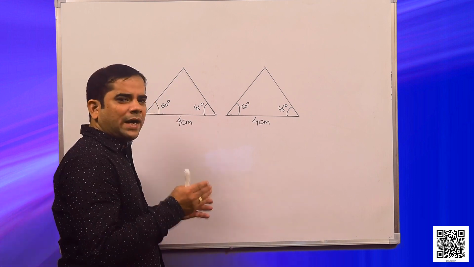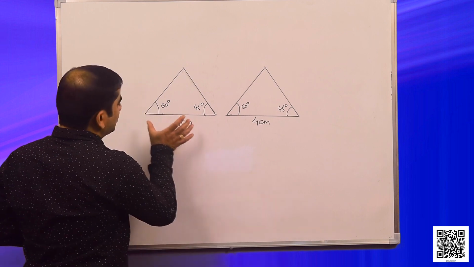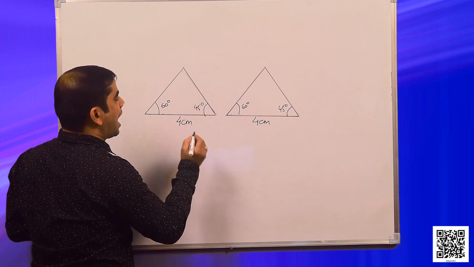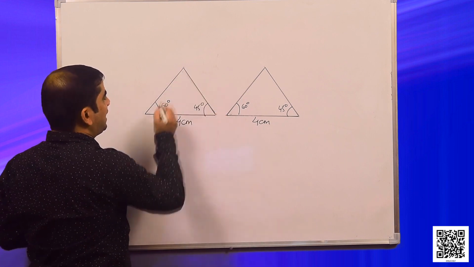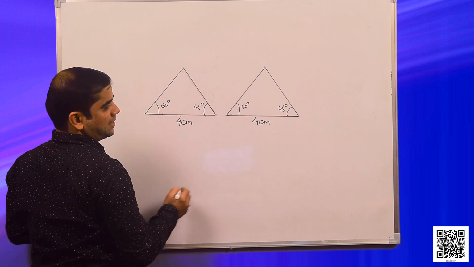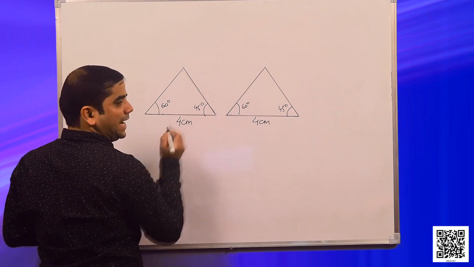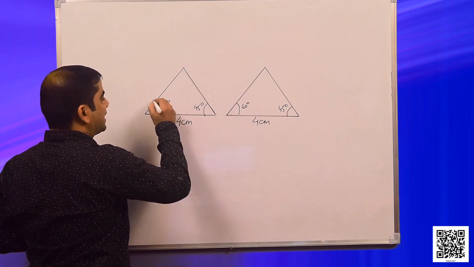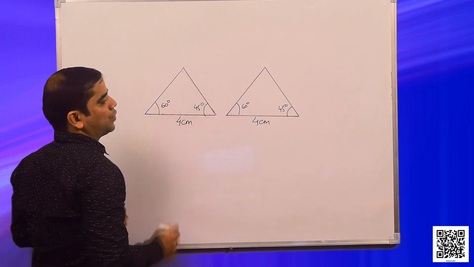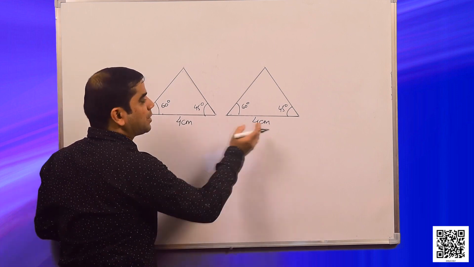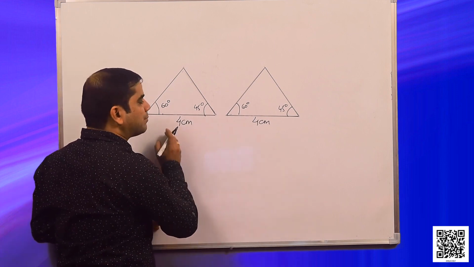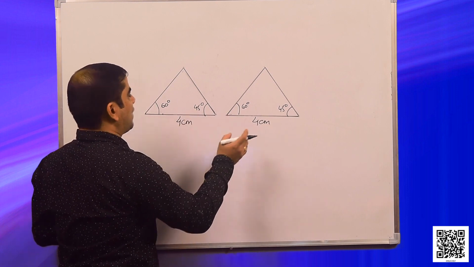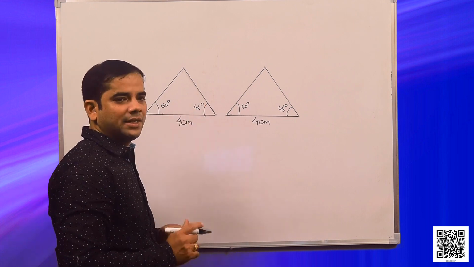So, what is the included side? In this case, this side is a common arm of angle 45 degree and angle 60 degree. So, this side or the base of the triangle is called the included side of angle 60 degree and angle 45 degree. This happens in case of both the triangles. Both have the base as 4 centimeter, which is the included side of angles 60 degree and 45 degree.